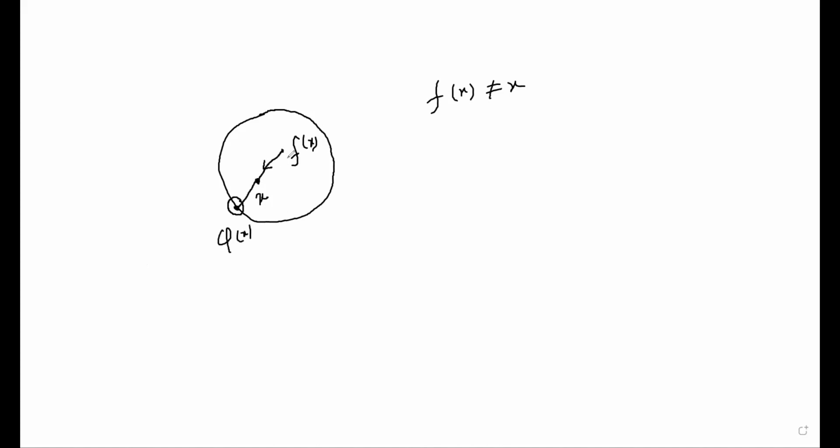So depending on f, you get another map from the closed ball to the boundary of the closed ball, right? I'm mapping it to the boundary. So this is the idea of the proof, and then we will look at the induced map on fundamental groups. From there it will be very clear.